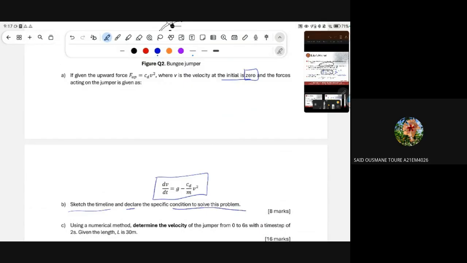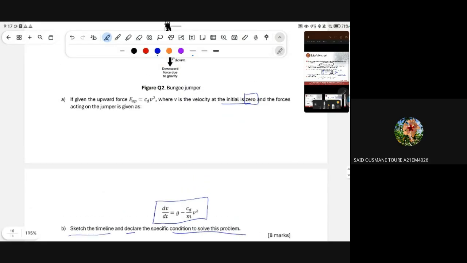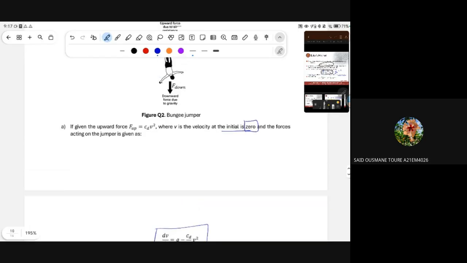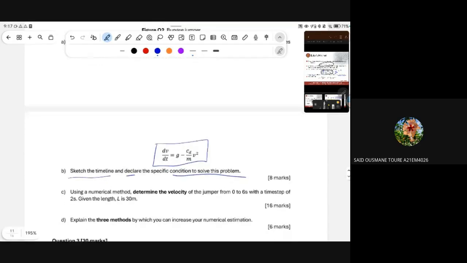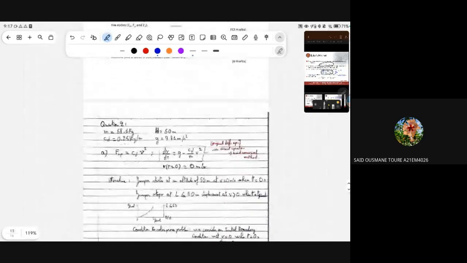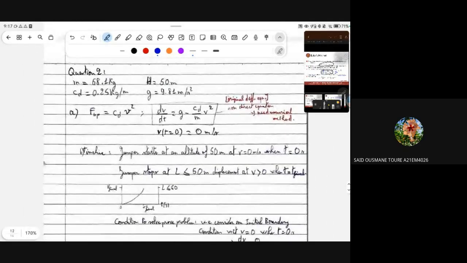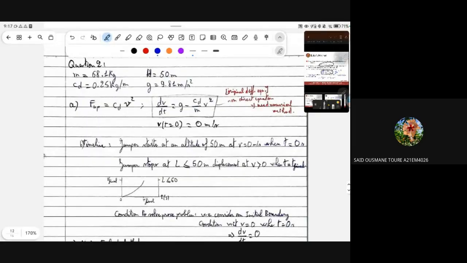So in terms of timeline, what they mean is what happens from 0 to the end, basically. So what I did in my answer, in terms of boundary conditions, first I said that at t0, v equals 0 at the instant 0.